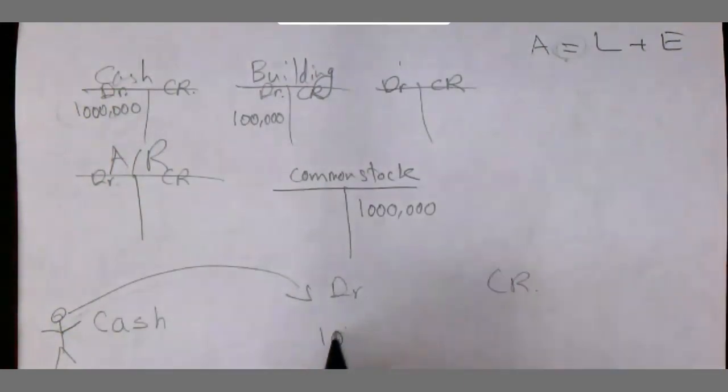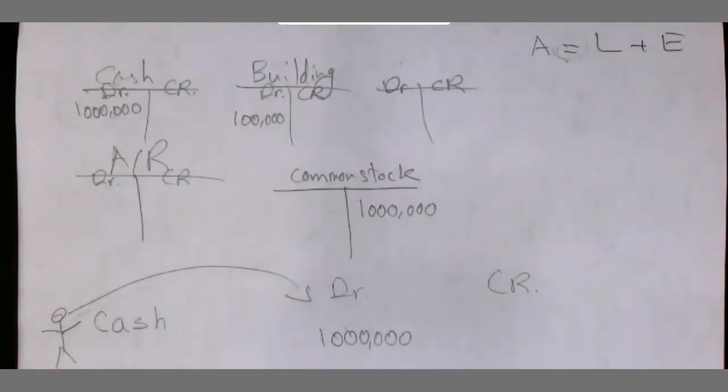This is the closest. So I'm going to put that $1 million in debit because I want that to be close to me. Every time you get an asset, put it in your pocket, keep it close to you. Common sense, everyone can understand that.